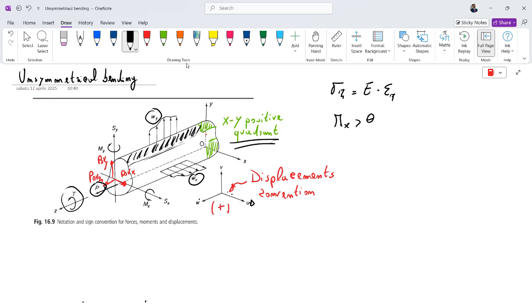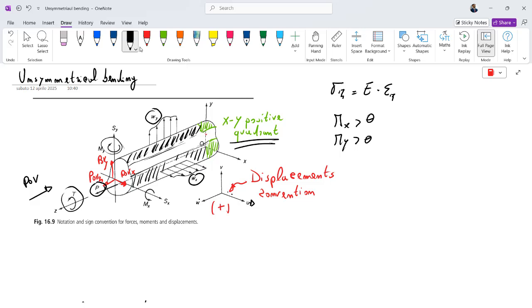Instead, My is positive if all the fibers along the right of the beam, if I look at the beam from this point of view, represented by the black arrow, have their projection on the xy positive quadrant in tension.